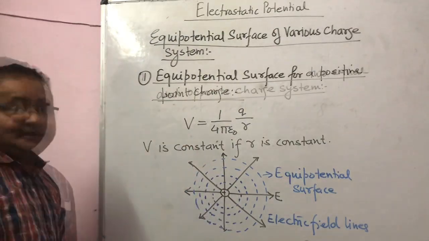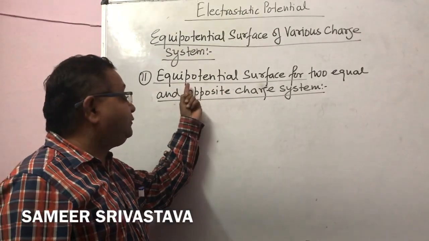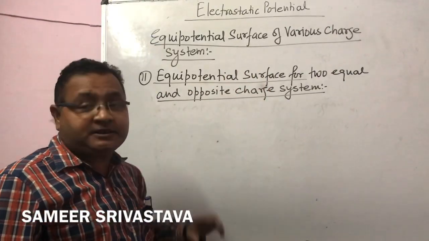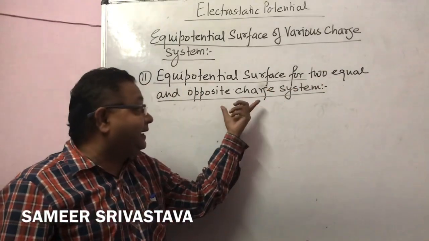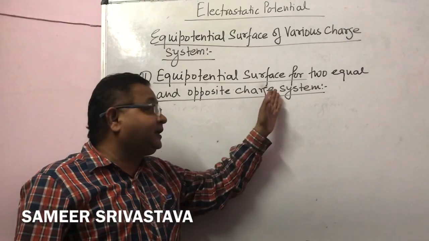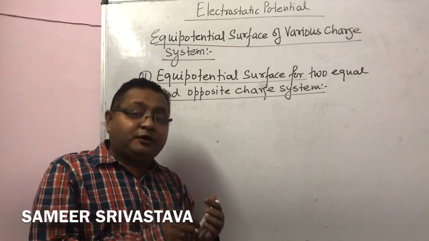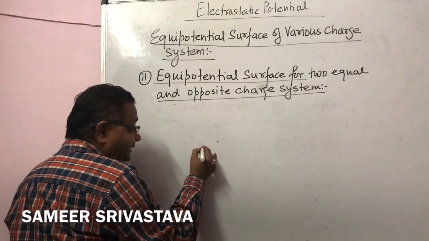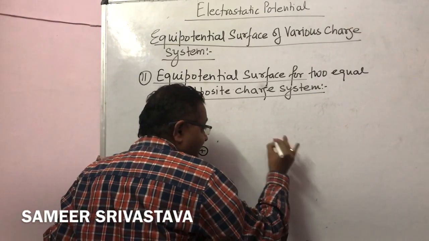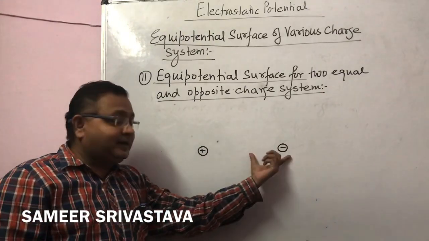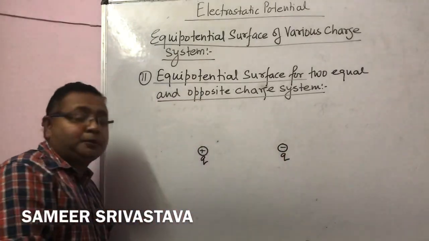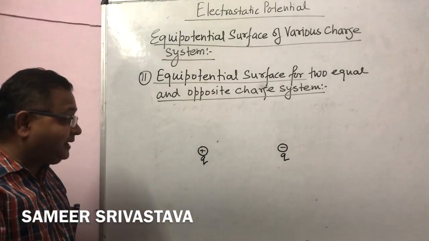Now the second case: we want to draw equipotential surfaces for a two equal and opposite charge system, which is a dipole. Here I am taking two charges, plus Q and minus Q. What about the electric field?